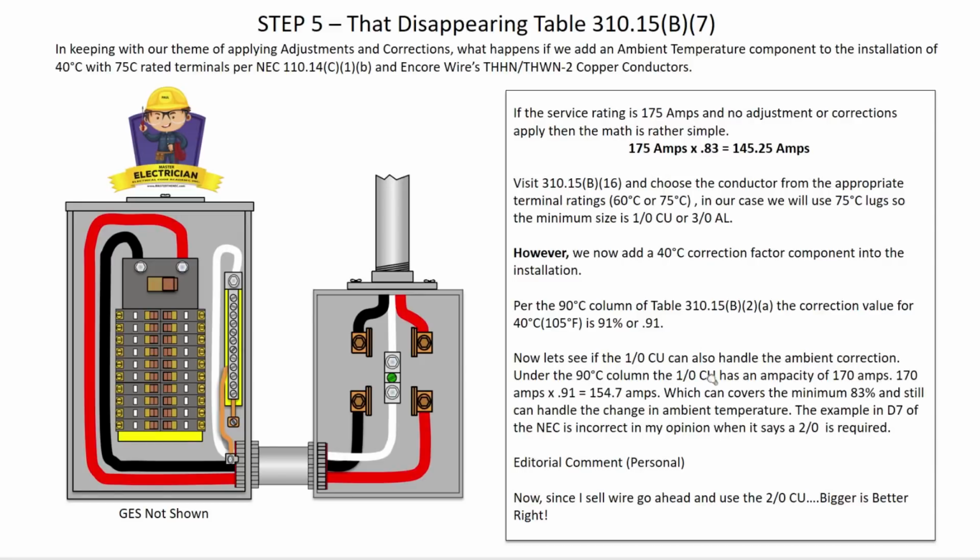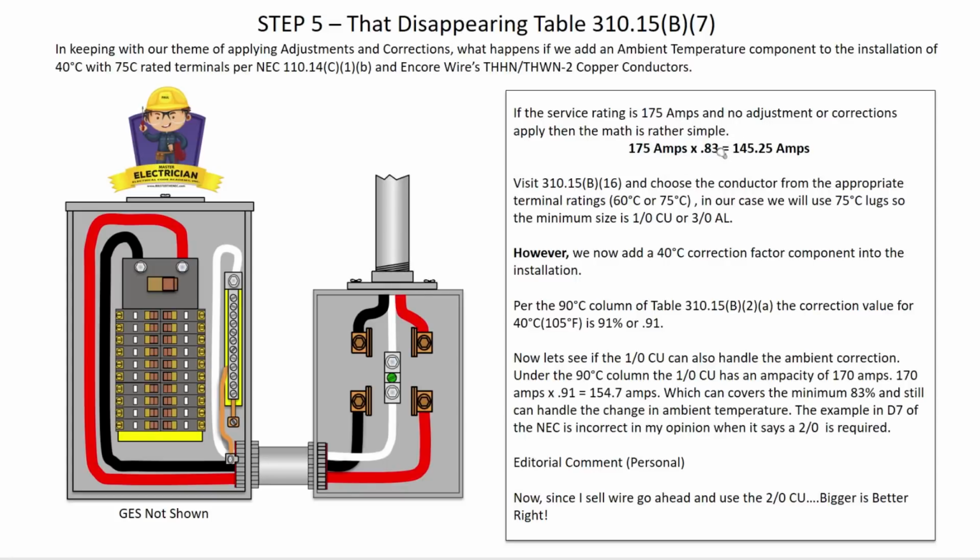Which is, well, we need one that's going to handle the 145.25 amps. That's actually what we have, because we're still trying to maintain the 83%. Okay, that's what we're doing here. So we're going to go and find a conductor. So let's see, since we can use the 90 for adjustment and corrections here, we need to find a conductor that's good for 145.25 amps, okay? And you're asking me, why didn't we use this? Because this is a service rating.